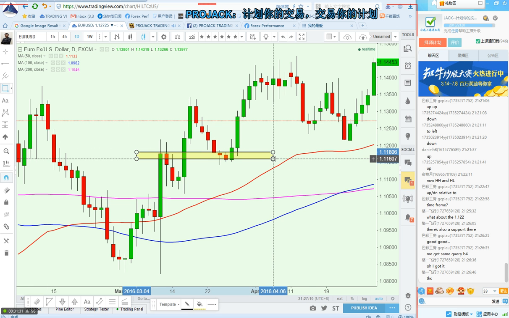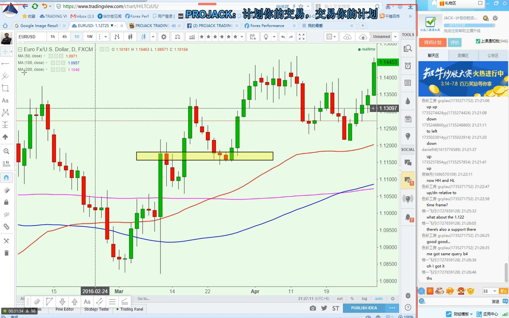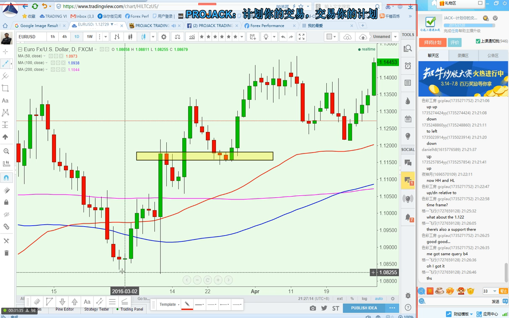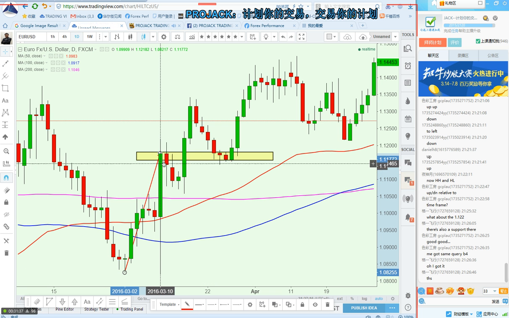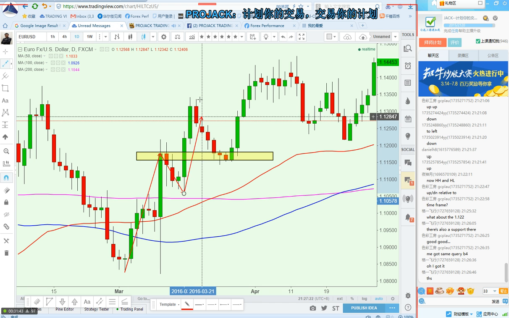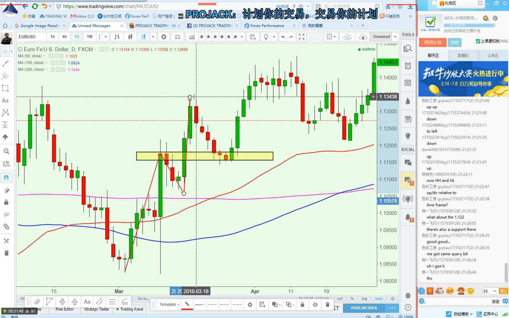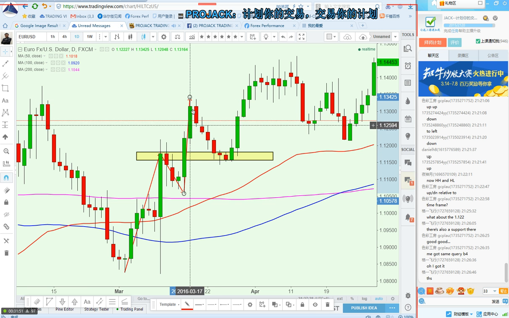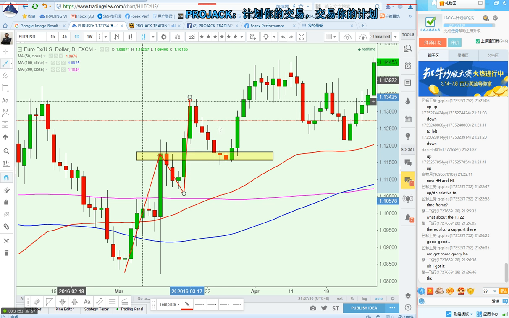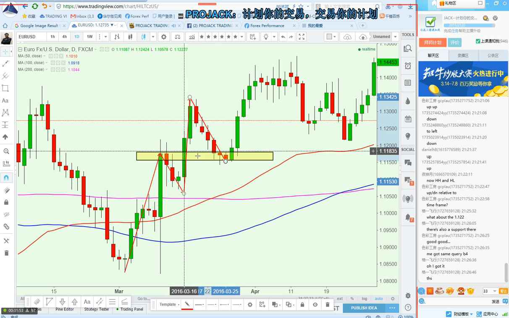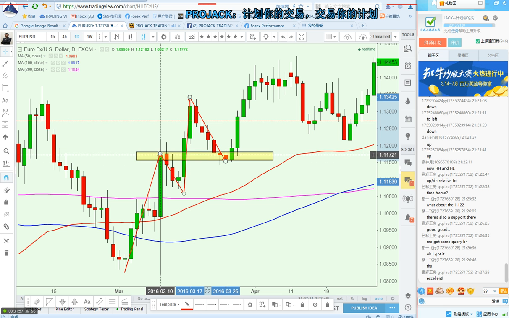This is how to read the chart, okay? The euro comes up here, first time resistance, goes back, and the second time it breaks out very high, closes above, stands still above, and then it pulls back here to the same level, right?